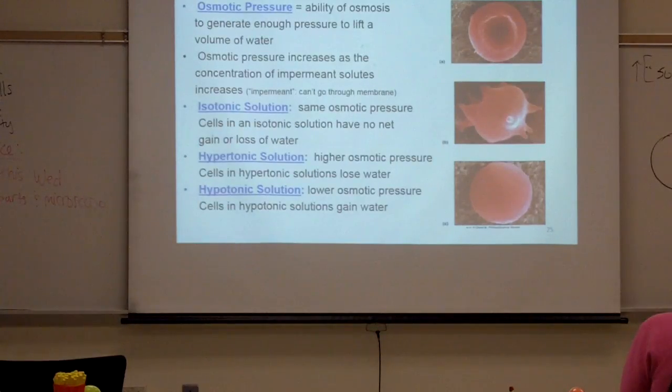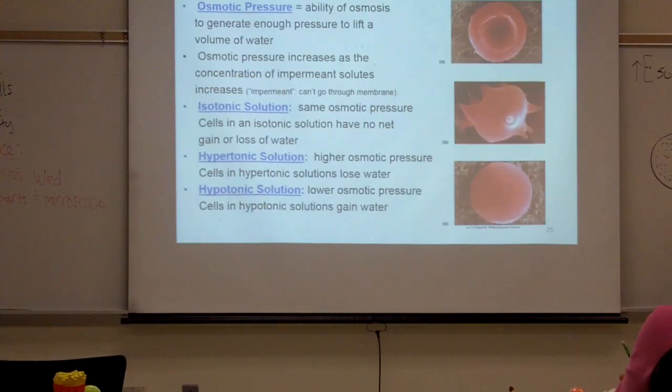Okay, so there's water. I wish I had a blue marker, but I don't. So if a cell has a high solute concentration, remember that just means stuff. So we've got a bunch of stuff inside a cell, and let's just call that sodium.